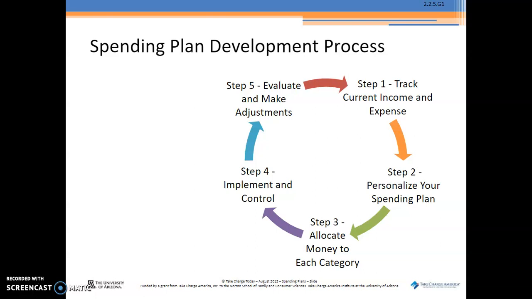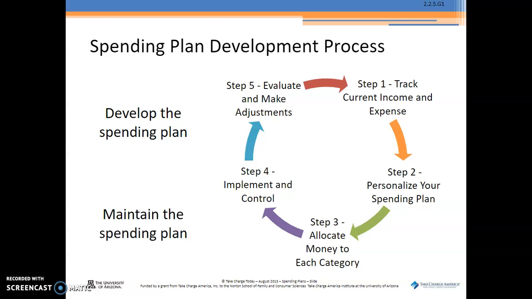Step number 4, implement and control how your money is being allocated to the different categories on your spending plan. And then finally, evaluate and make adjustments as needed from month to month, year to year, etc. So developing the spending plan is coming up with those 5 steps and letting them feed off of each other in order to achieve financial freedom.